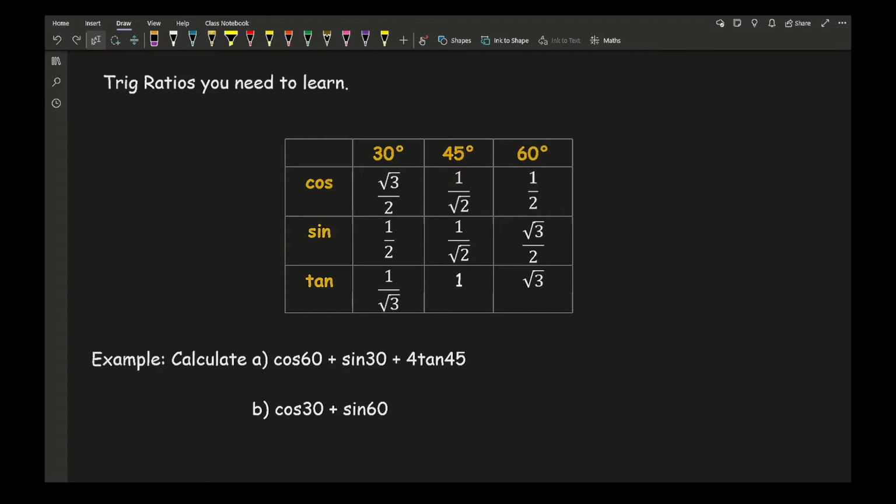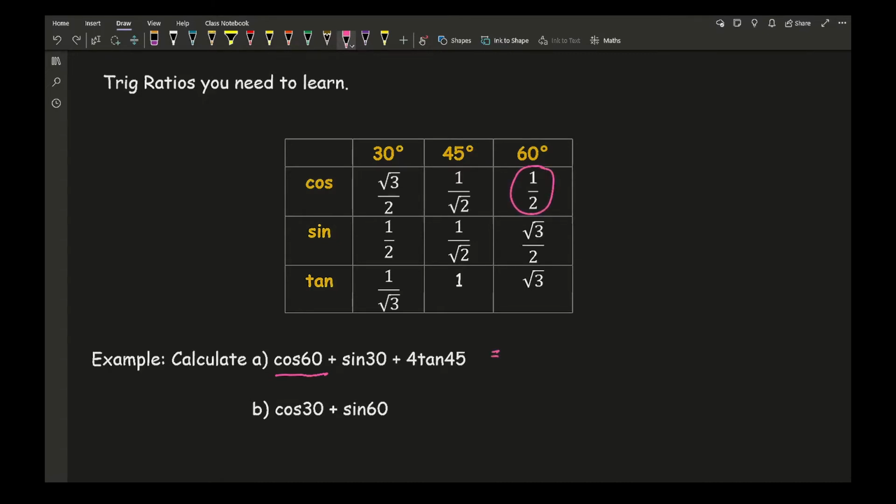Now, another alternative you could get on the foundation paper is questions like you can see underneath. So for example, here we need to work out what cos 60 plus sine 30 plus 4 tan 45 is. So looking at these individual values, I know that cos 60 is a half.